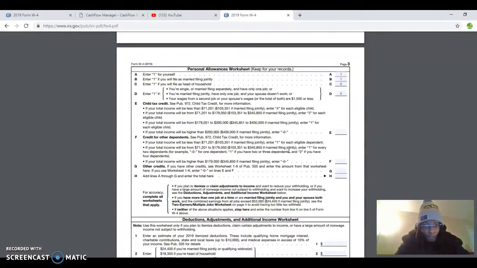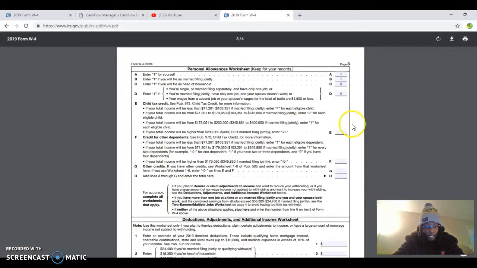It also says if your total income will be 71,000 to 179,000, or 103,000 to 345,000 if married filing jointly, enter 2 for each child. So if you make less for the year, you enter 4 for each child. If you make more for the year, you enter 2 for each child.